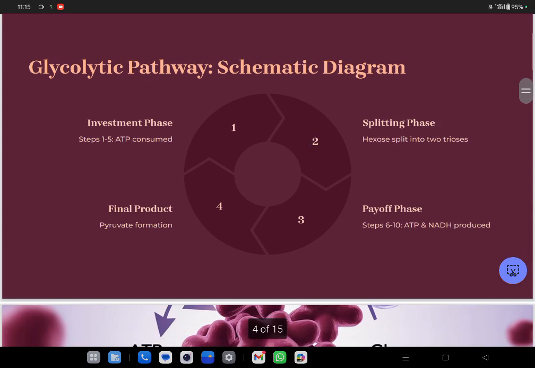Now if you look at the small scheme of glycolysis, the first part, from step 1 to step 5, is the investment phase. Some ATP is invested, that is 2 ATPs are consumed in the first phase, and that is very important.